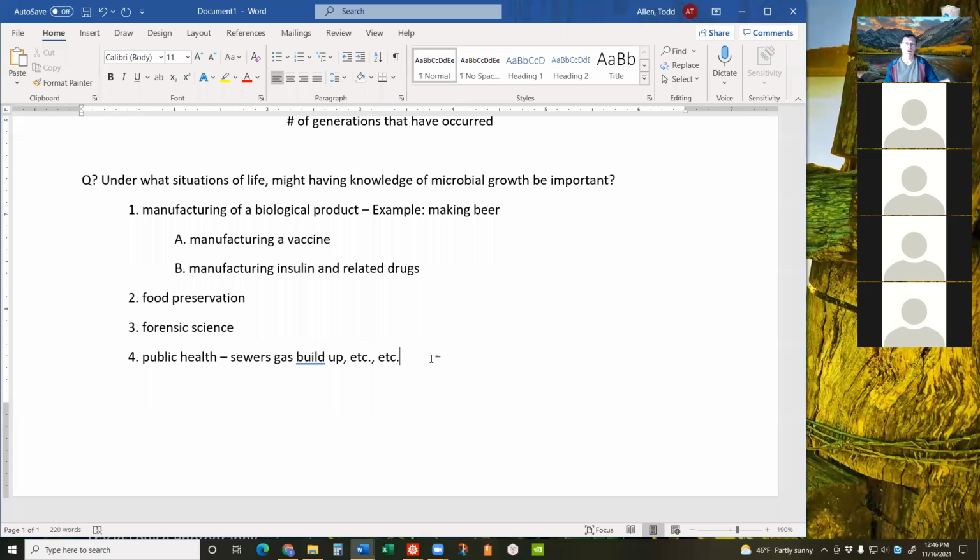But obviously, there might be some desire to understand how long the mold has been present. You think about historical sites where you're dealing with historical buildings, knowing the age of the mold or the characteristics of the mold might inform you about the historical story surrounding a structure.